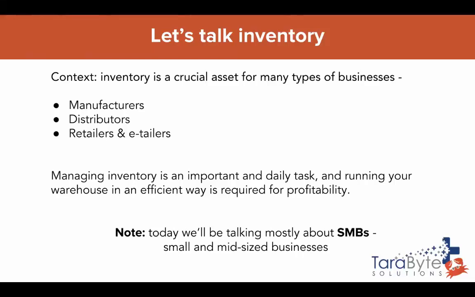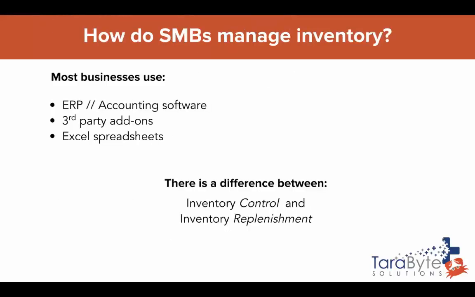And again, our whole focus at NETSTOCK and my focus in all my career has really been in what we call SMBs, right? Small, medium-sized businesses, and that's really the core of what we're talking about here today. And so when we work with those companies, the question that's obvious is, so how do we manage this critical asset? What are we doing today to understand what's going on with our inventory?